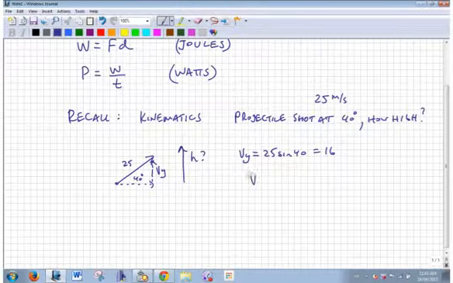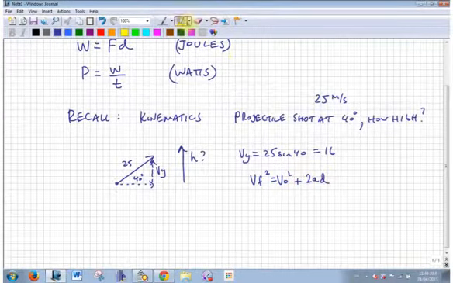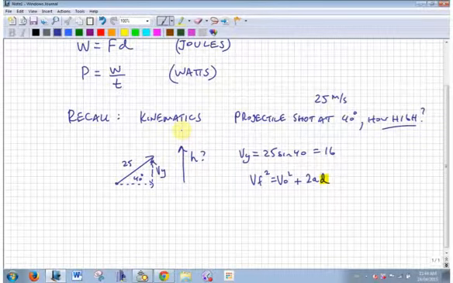So how did we do this? Found a formula with stuff we know and stuff we're trying to solve for, like D. And then, what do I know about when it gets to its maximum height? Yeah, Vf is 0 up here.